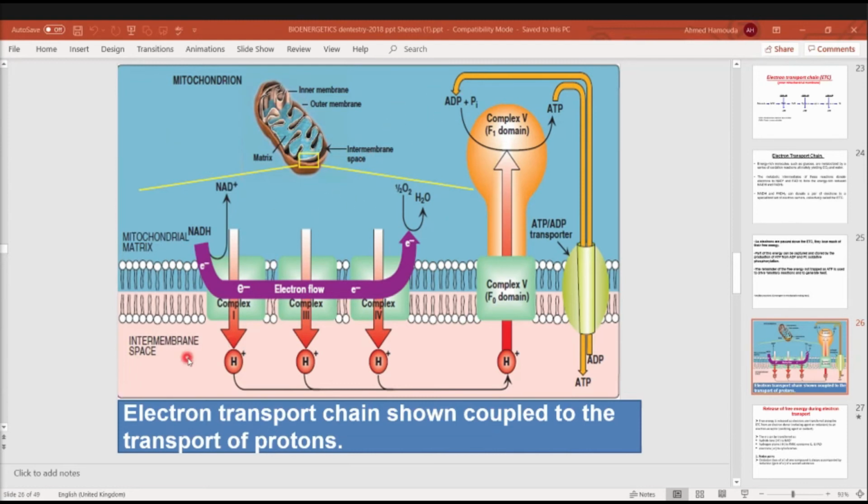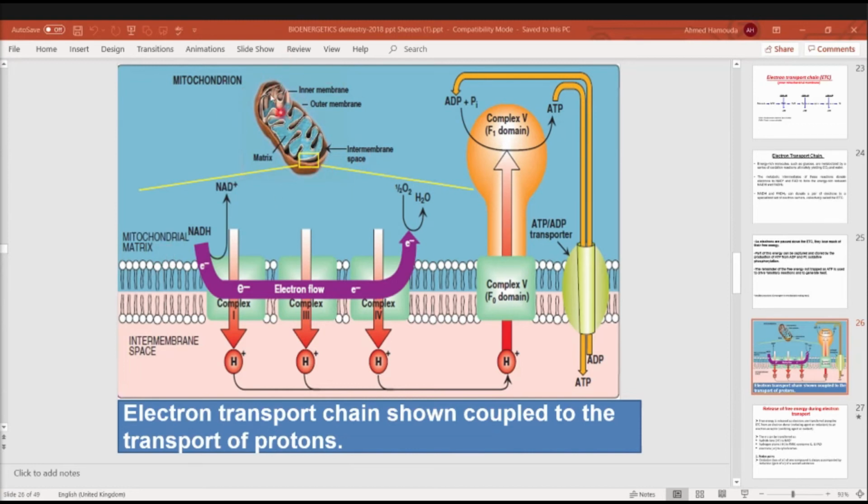And this is the intermembrane space. So you have the intermembrane space, then the inner mitochondrial membrane, then the mitochondrial matrix. So this is the overall picture. Here it will make it clear to you.